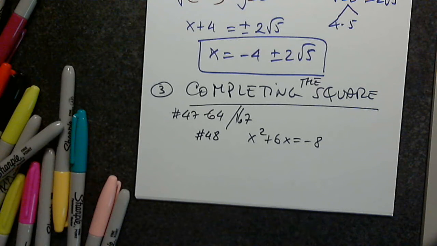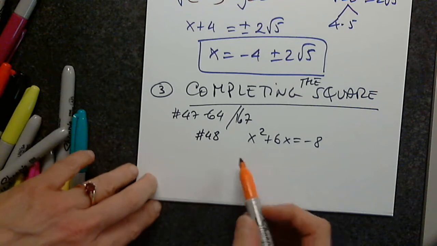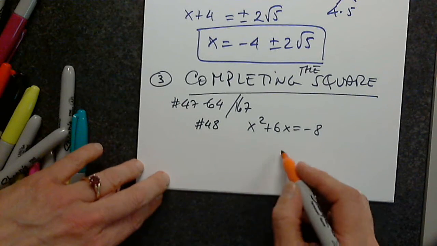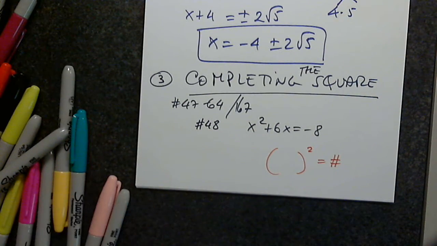What is the idea behind completing the square? The idea is that any quadratic equation, like this one, for example, can be presented like this. If I make this equation look like this, which method would I apply to solve it?